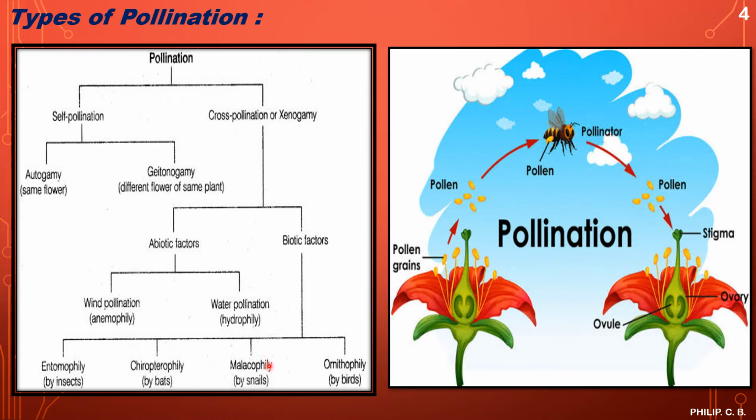Again, there are a few more animation slides in the later part to understand it more clearly. So here we can see the pollination image where pollen grain gets transferred by a pollinator, then the pollinator carries the pollen grain to another flower, maybe of the same plant or a different plant. Okay.